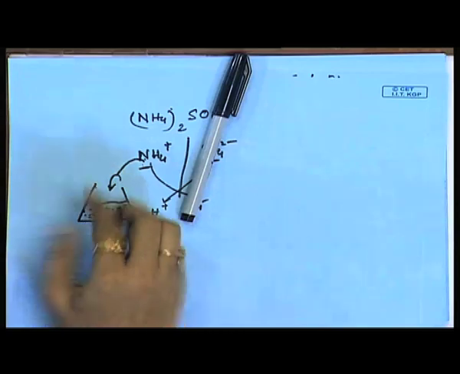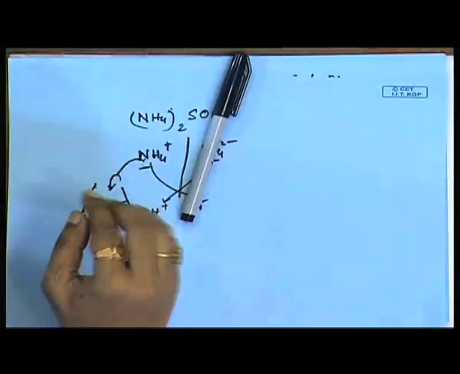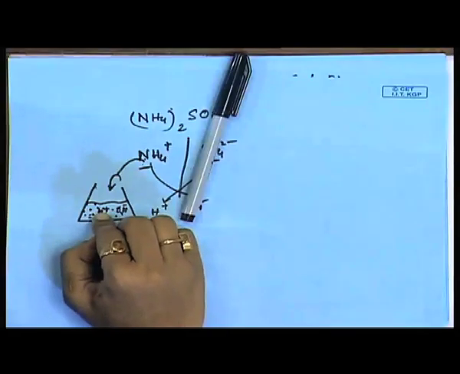The proteins which were bound with the water molecules gradually get precipitated, and based on the strength of binding, the proteins start precipitating, and we can isolate the particular protein molecule.